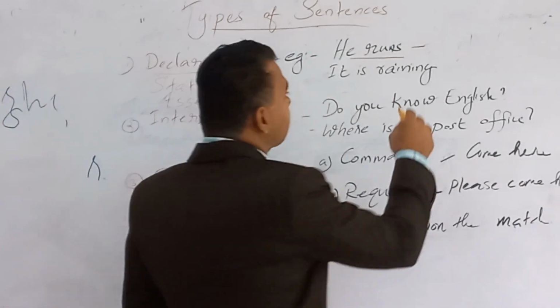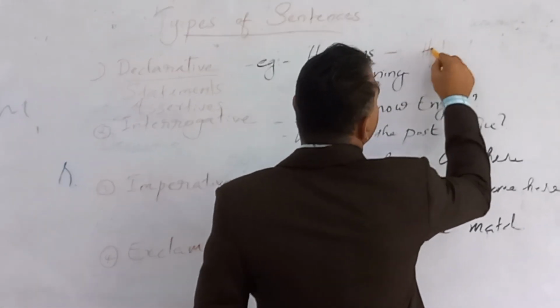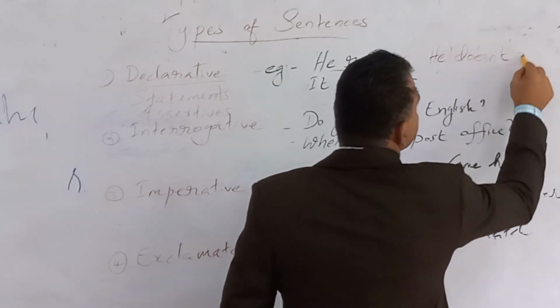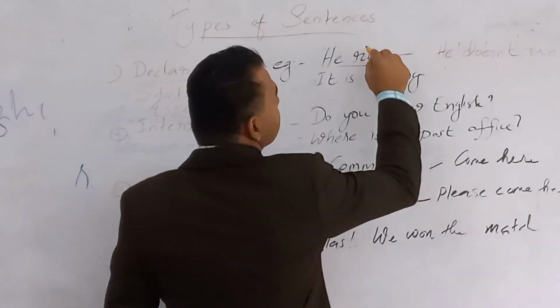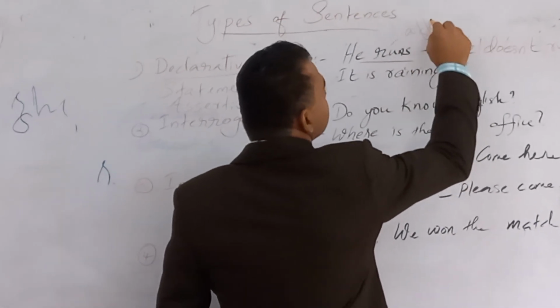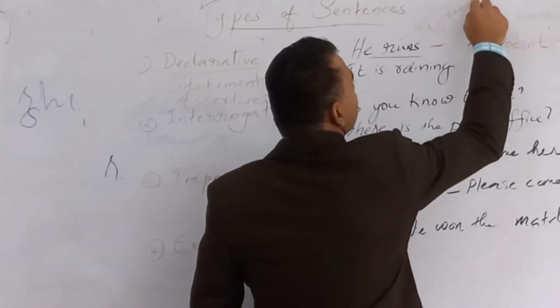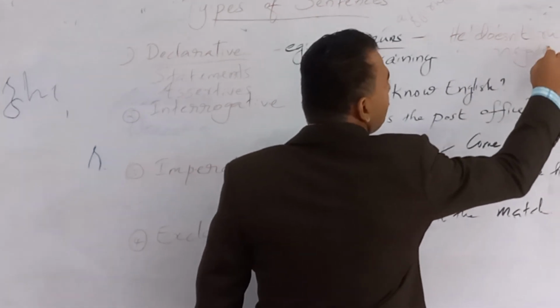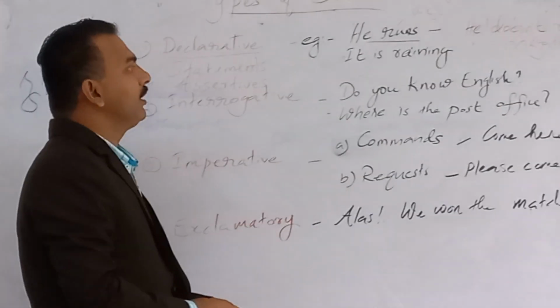What is the negative of he runs? He doesn't run. So this is affirmative and this is negative. If you add no and do, it becomes negative.